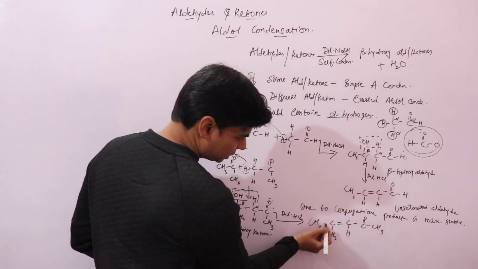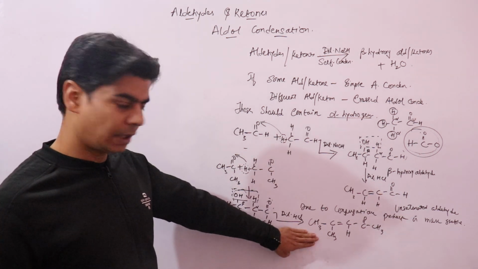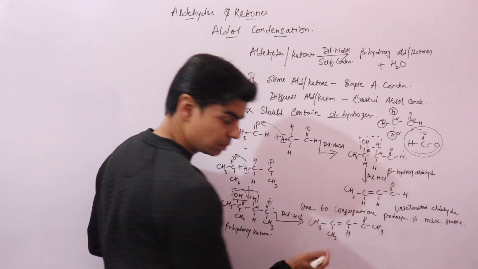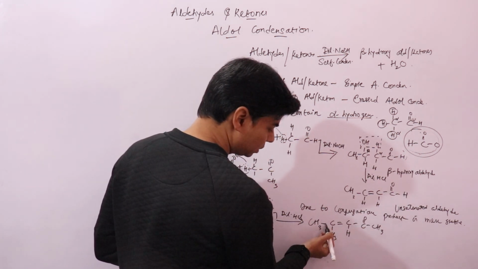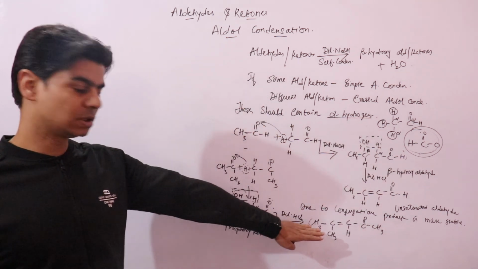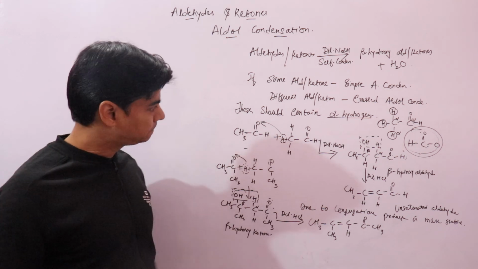You can see this is a conjugated molecule. That is why this is more stable than your beta hydroxy ketone. You have a system of alternate double and single bonds. This is your single bond, double, single, then again double. So this is more stable than this. I hope this is clear.